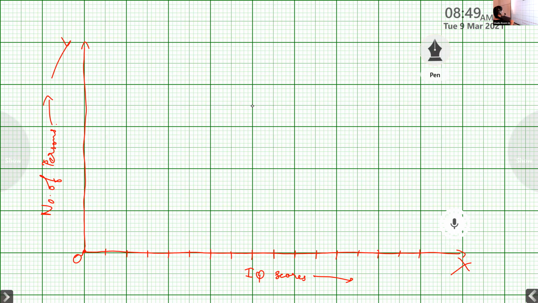I'm drawing just a rough figure. It is supposed to look similar on both sides. It should cross through this point, this point, this point.